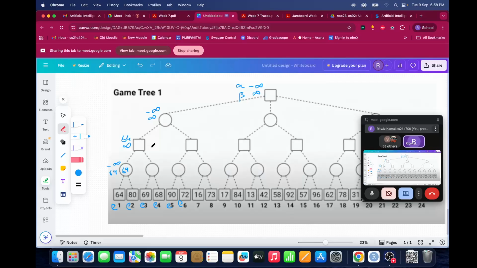This 64 and infinity will then be passed on to this one. And with this in mind, E3 will return 69 to this min node. 69 is lesser than plus infinity. So this beta value will get updated to 69.